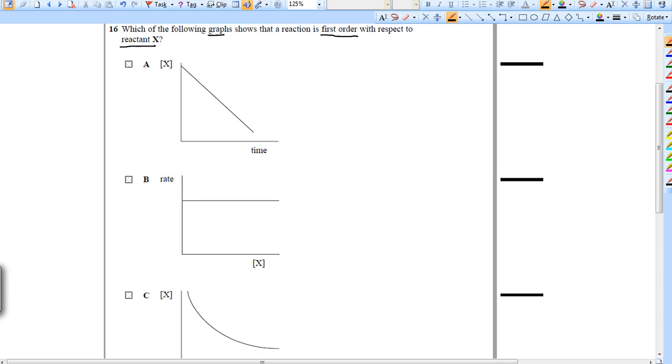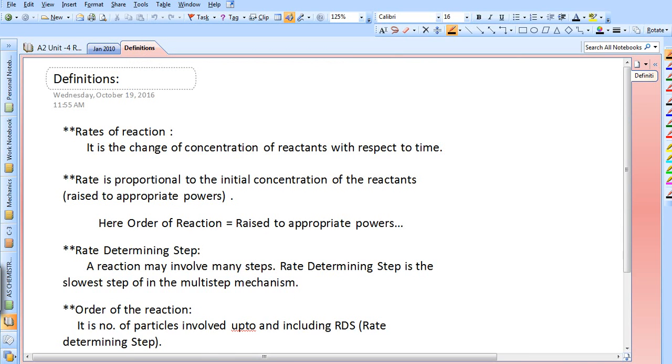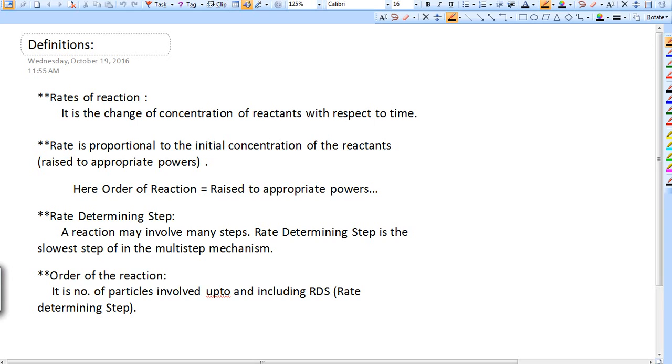Before solving this problem, let us check out some of the definitions involving this question. Let us check out some of the important definitions regarding this topic. At first, let us know what is meant by rate of reaction.